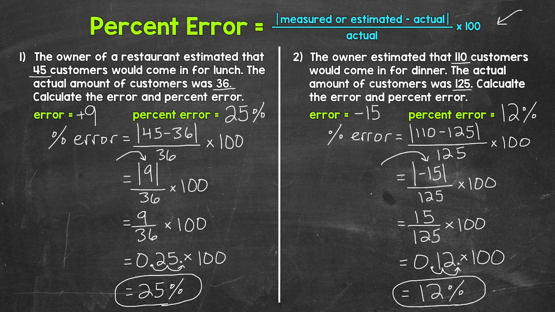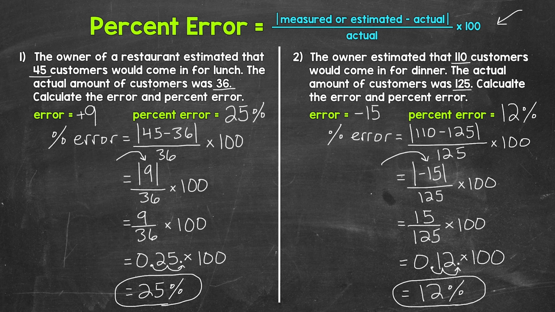For lunch, the percent error was 25%, so the estimate was off the actual value by 25%. And then for dinner, the percent error was 12%, so the estimate was off the actual value by 12%. So that tells us that the owner's estimate for dinner was quite a bit more accurate than the estimate for lunch. And percent error gives us the information we need to make that determination.